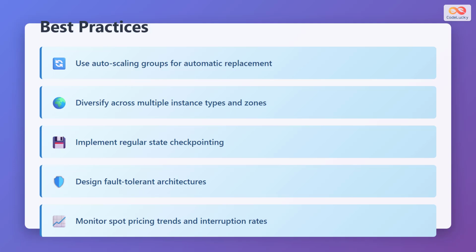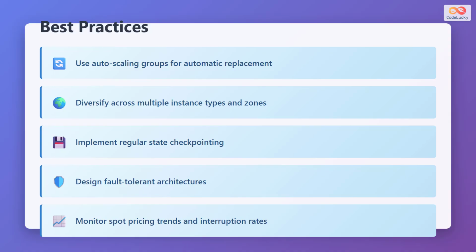To get the most out of spot instances, follow these best practices. Use auto-scaling groups to automatically launch replacement instances when one is terminated. Diversify across multiple instance types and availability zones to reduce the risk of all your instances being interrupted simultaneously.